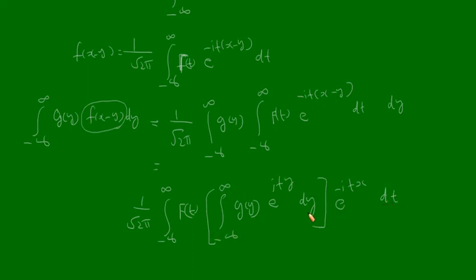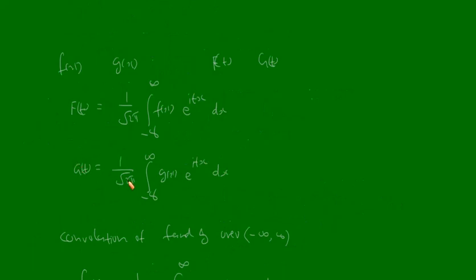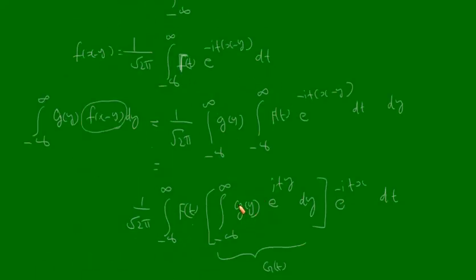Now the quantity in the bracket can be taken to be G of t. So already we have defined G of t: G of t is equal to 1 by root 2 pi, integral from minus infinity to infinity g of x e raised to itx dx. Now if we replace x by y, it becomes integral from minus infinity to infinity g of y e raised to ity dy, which is what we have here.